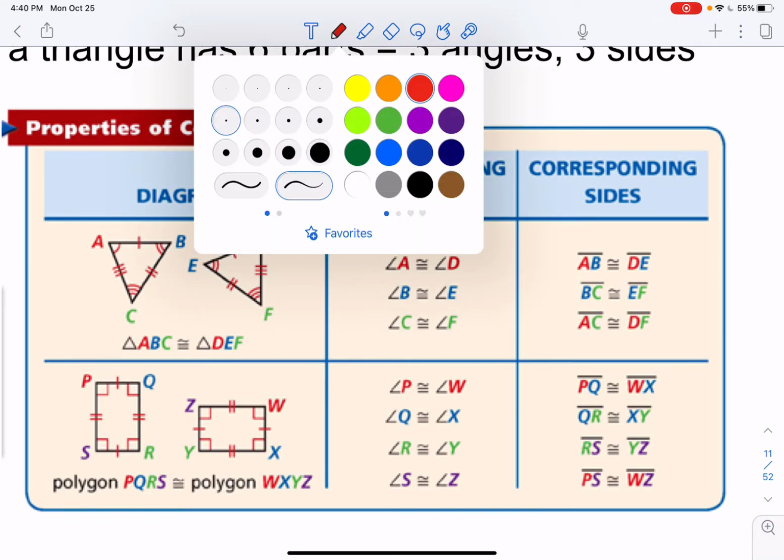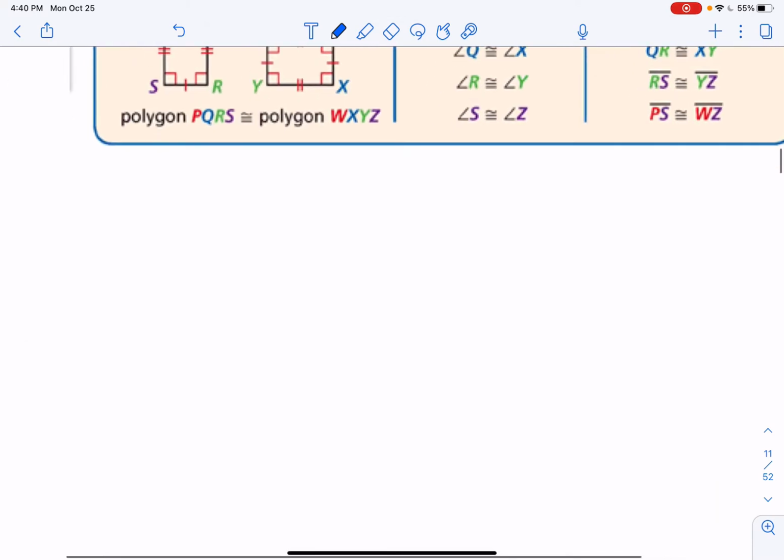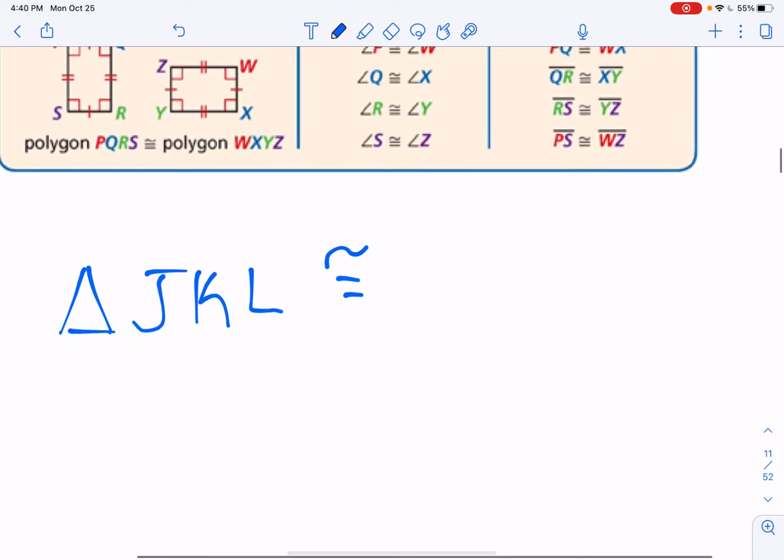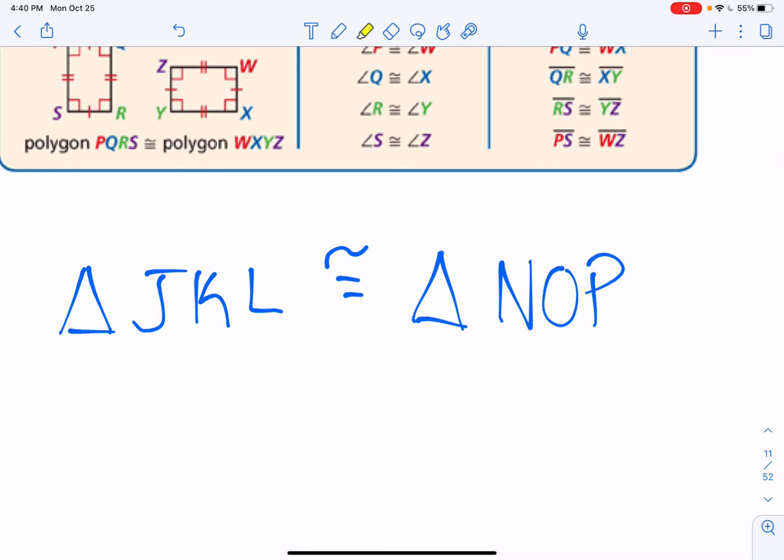As just a last example here, if I have something like triangle JKL is congruent to triangle NOP, we therefore know that angle J is congruent to angle N, and angle K is congruent to angle O. Angle L is congruent to angle P. Again, it's all based off of how these are arranged.